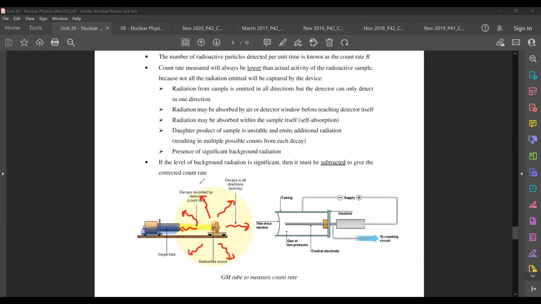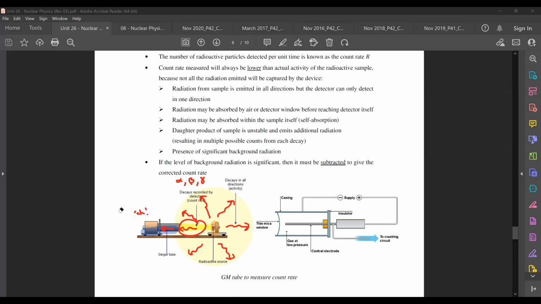You could have alpha, beta, and gamma being emitted. If you just look at the ones emitted in this direction, they go towards your Geiger-Müller tube. Once they pass inside your Geiger-Müller tube, that's where you hear your clicking sound.